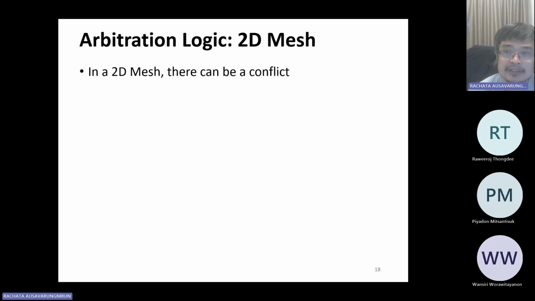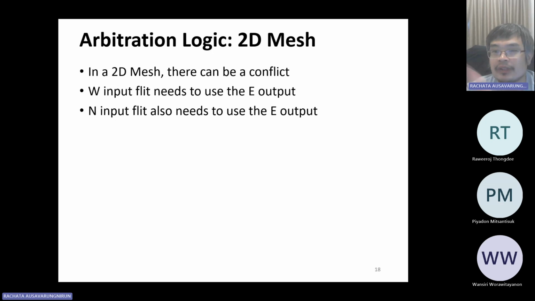In a 2D mesh, there can be some more conflicts. For example, I have the west input that needs to use the east output. The north input also needs to use the east output. Both of them want to use the east output. You have two incoming packets, right? So you have the router here. You have an incoming packet from the north and another one from the west.